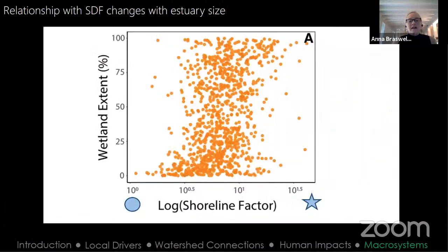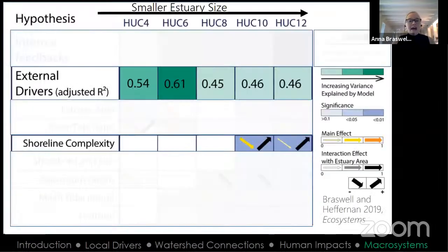We find in our results that this is happening at the most circular and the most star-like patterns, but there's a lot in the middle that are all across the board. And when we put this into our multi-regression model, we find that this is happening at the smallest scale, possibly showing that these complexities are looking at the same scale as those lateral feedbacks. So they're operating amongst those small scales.